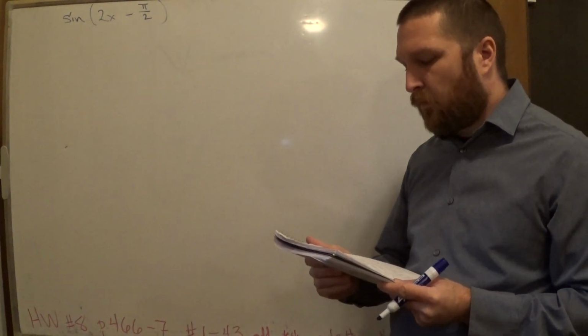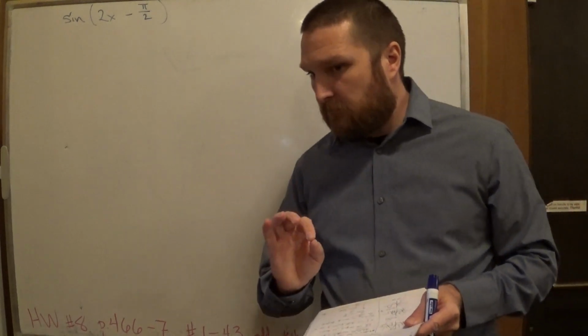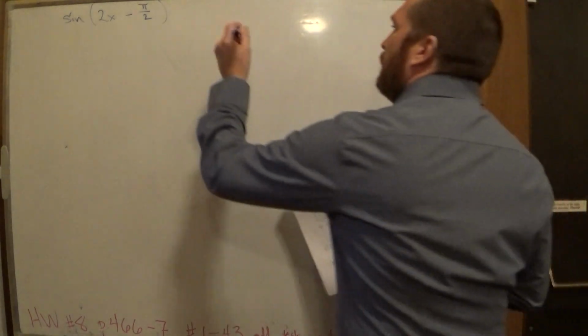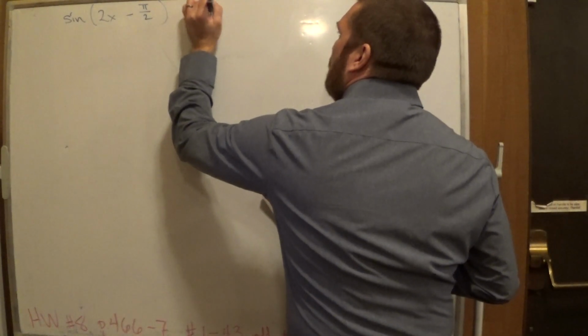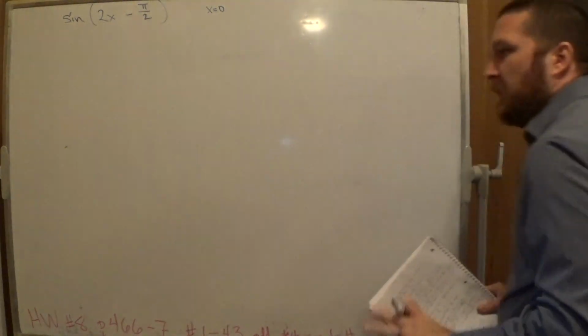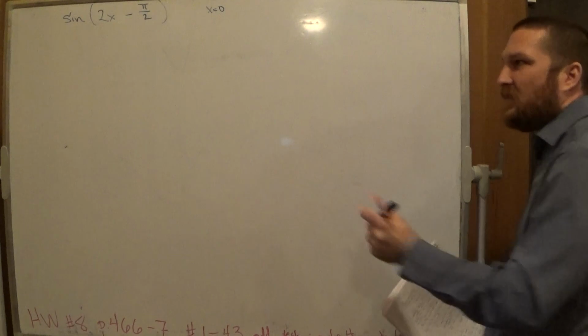That's cool. But I want to keep ourselves honest here, and in order to do that, I want to find out what happens when x equals 0. I want the output value so that when we have our final picture, we can check what happens when x equals 0 to see if everything's true.